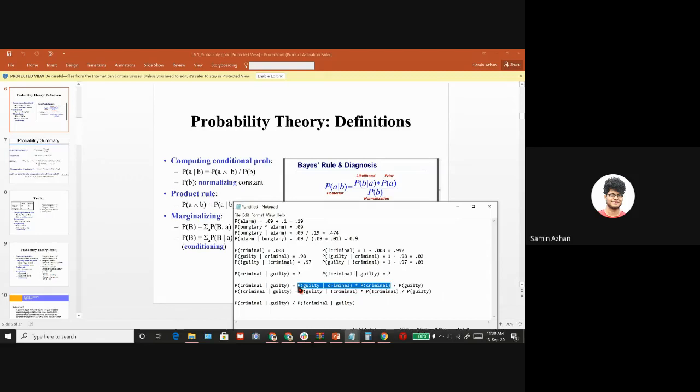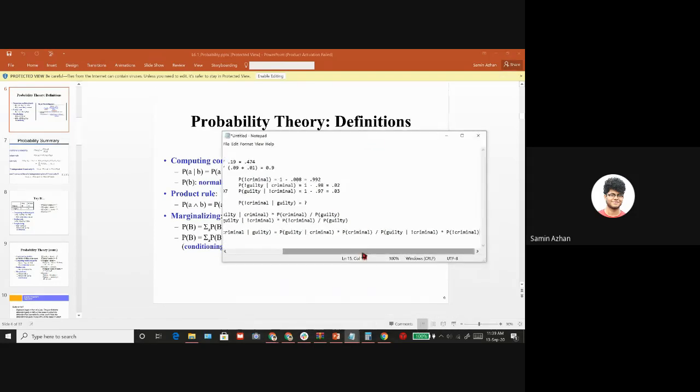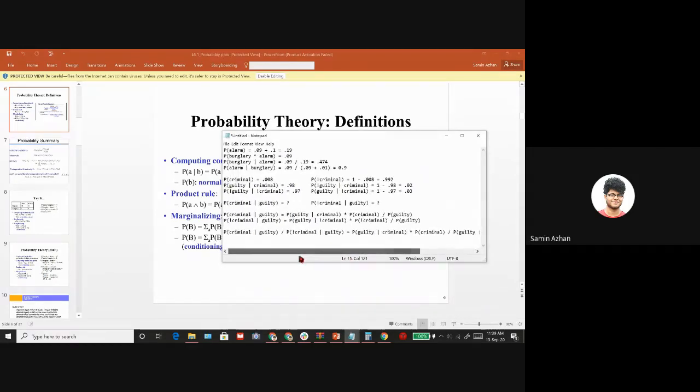It should be this portion divided by this portion. Is everybody clear how we came to this point? If you have any questions, please ask.